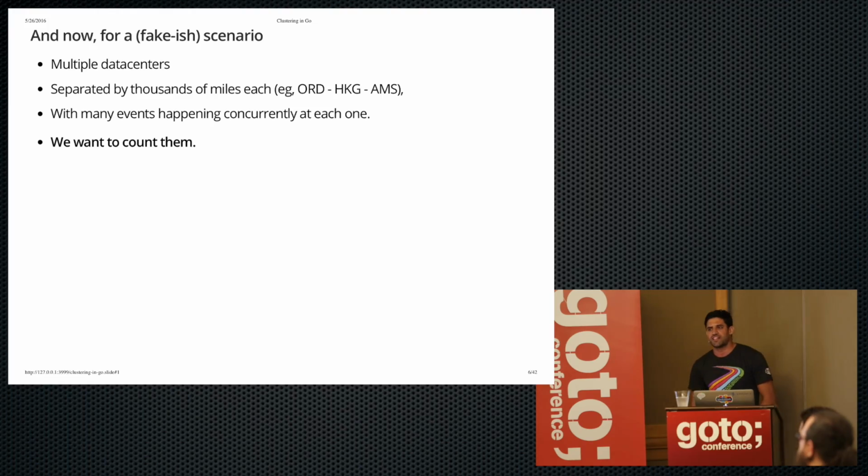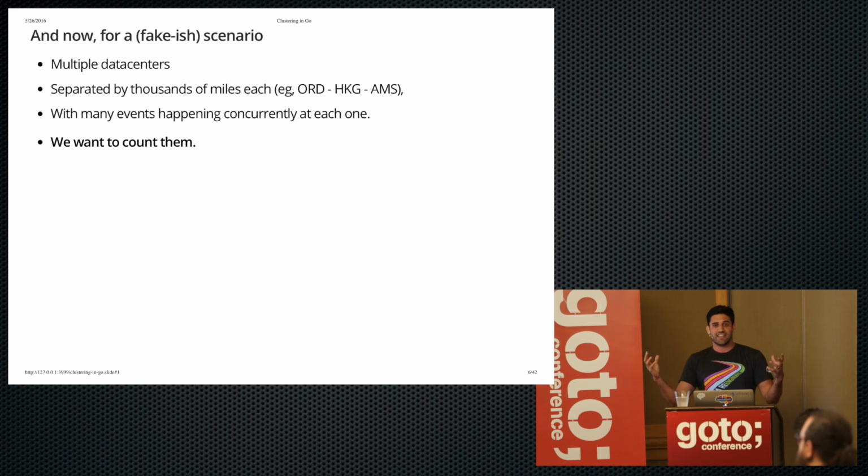Cool. So let me set up a fake scenario for the thing that we're building. Let's say you're a business that has multiple data centers, each distributed in different parts of the world. Hypothetically, Chicago, Hong Kong, Amsterdam.